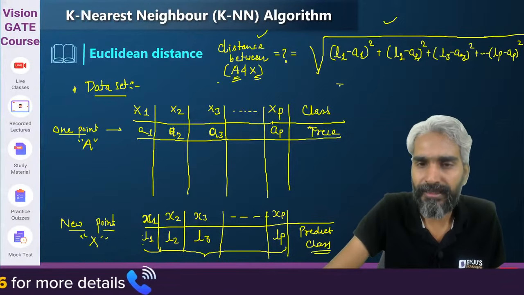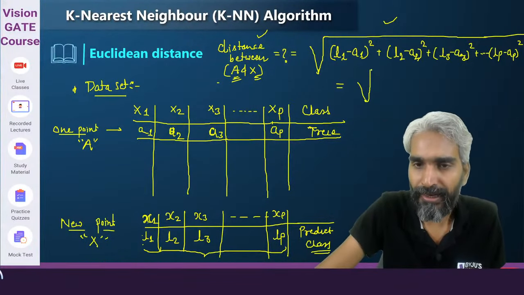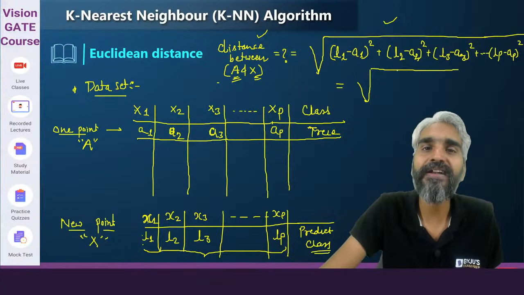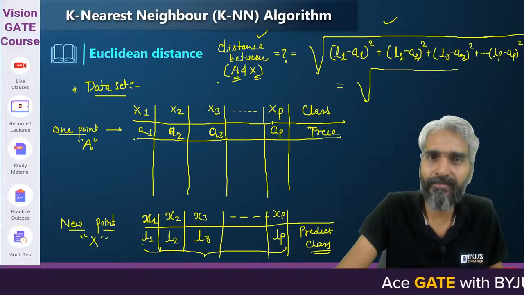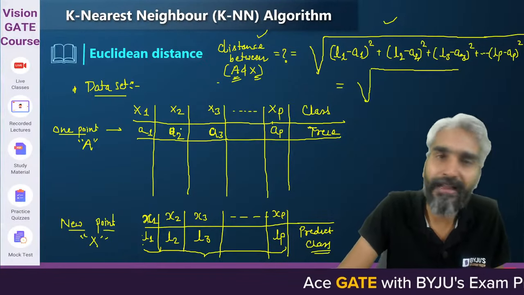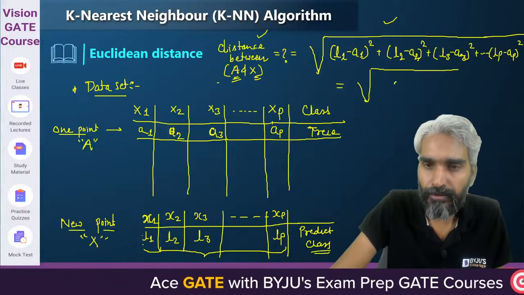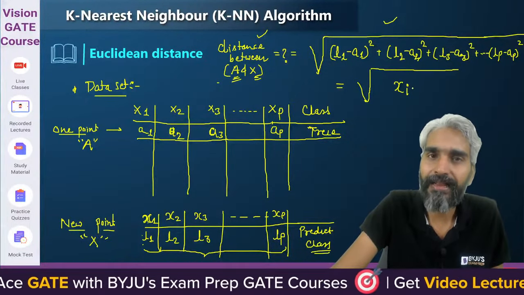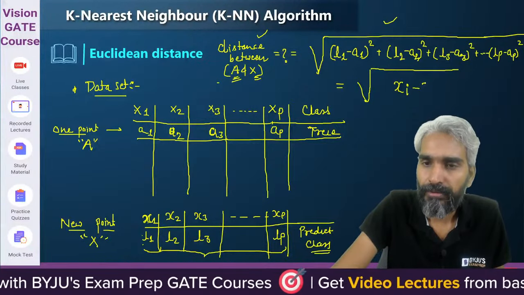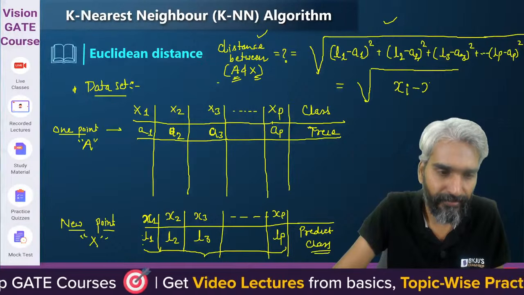Another way you can define the distance for any 2 points: if there are 2 points x and y, then you define, with respect to x in dimension i, what is the current value, and with respect to y.